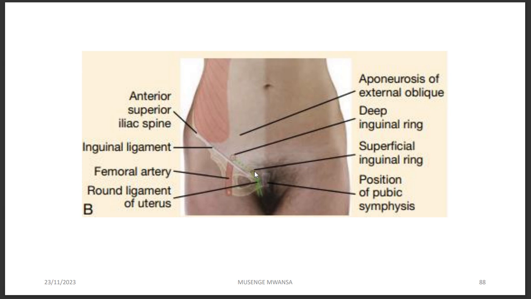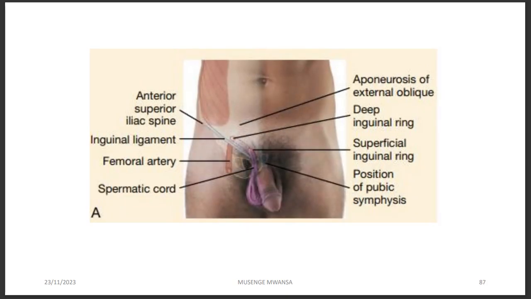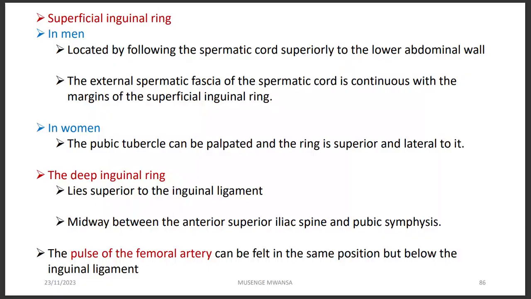The superficial inguinal ring is very much near where the pubic tubercle is. That is where we are going to be able to find the superficial inguinal ring.